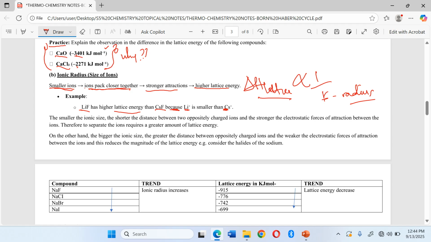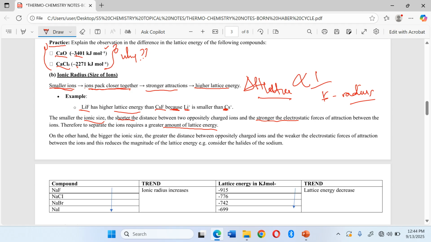So in general, the smaller the ionic size, the shorter the distance between two oppositely charged ions, and the stronger the electrostatic forces of attraction between the ions. Therefore, separating the ions requires a greater amount of lattice energy. So that's why it becomes bigger.